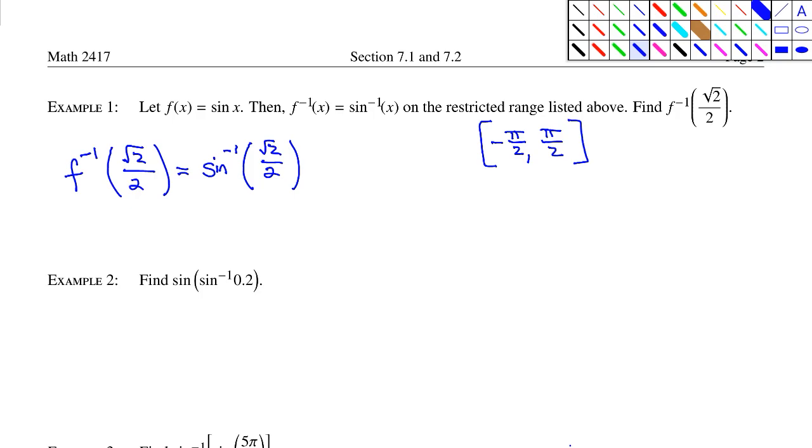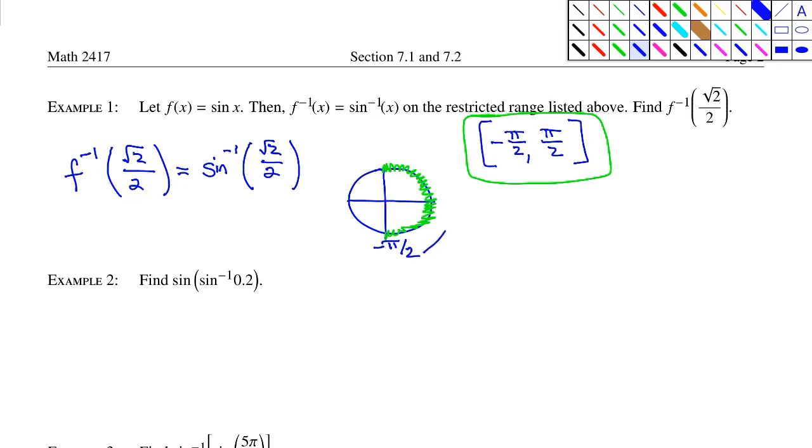Well, if we look at the unit circle, we want the inverse sine to be defined on this interval from negative pi over 2 to pi over 2. That means the answers that I can produce for the inverse sine have to come from this right-hand portion of the circle. Further, they have to be numbers between negative pi over 2 and pi over 2.